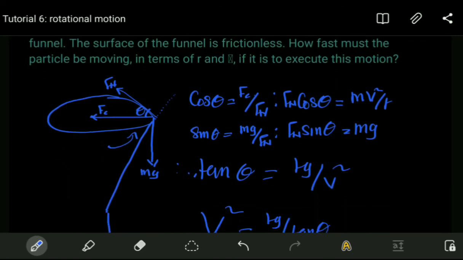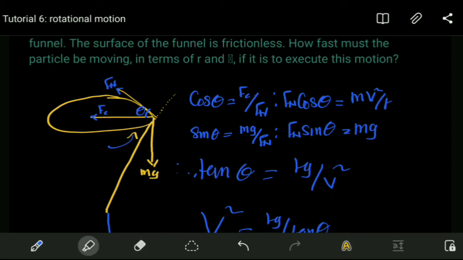So we have this funnel and a particle, and the weight is acting along that line. Centripetal force is always acting towards the center of the path, but the funnel is sloped, so the normal force acting on this object must be perpendicular to the surface of the funnel.